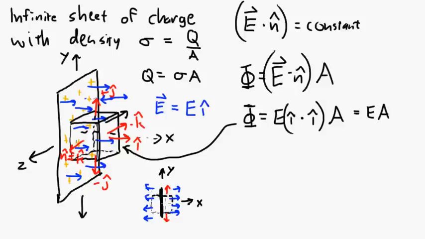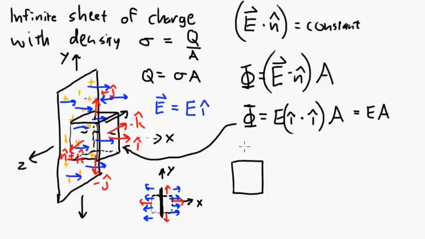So all that really matters are these two faces here, the faces that face along the x-axis, or the faces that are parallel to this sheet. And so the way I would recommend doing it, if you want to be absolutely careful, is to set this up, as it's just the easiest way. We're going to make this a cube. So this is our Gaussian surface, it's a cube.